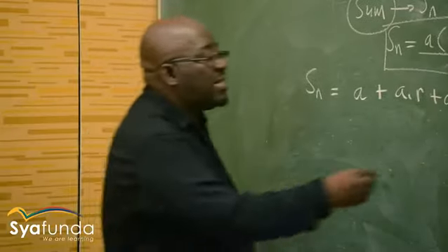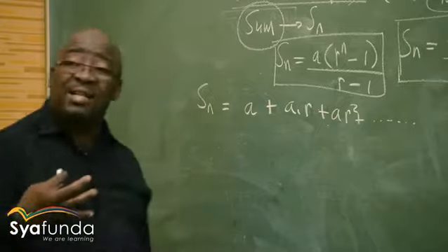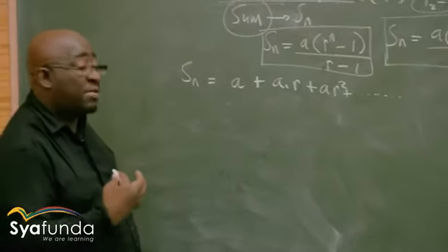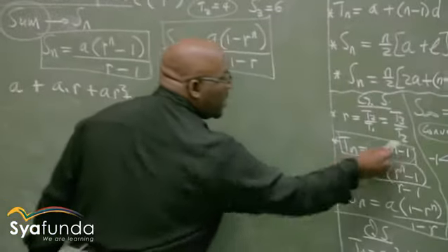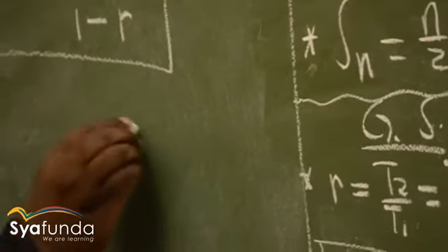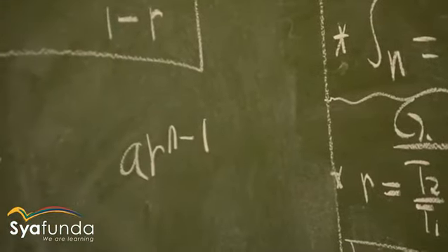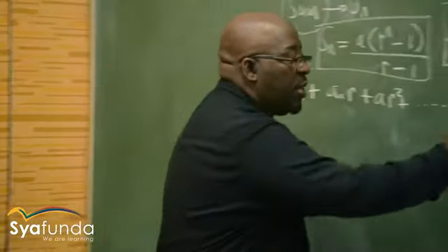We can add these terms up to the last one. What is the last term? It is the nth term. So the nth term means the last term. In this particular case, it's going to be AR to the power n minus 1. But I should know that I will have a term just before this one.